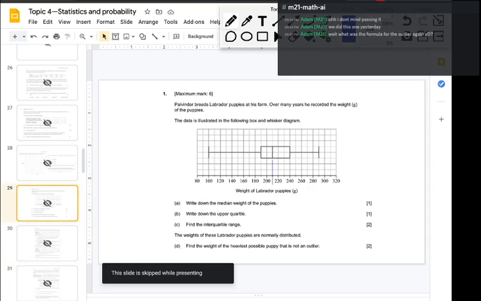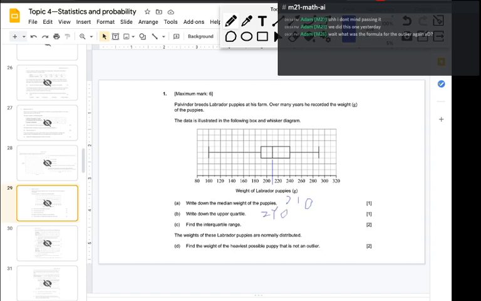This is 210. Upper is 240. And then the lower part is 190, right? So the interquartile range is upper minus lower, the range of the spread. 240 minus 190 is equal to 50. Okay, so that is the IQR.